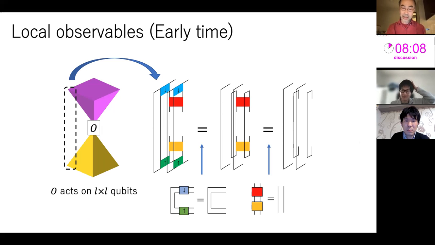You have shown that that sort of 6-leg tensor can be created by the combination of 4-leg gates. But is there a wider class of 6-leg or 8-leg gates? I don't know. You mean this 6-leg gate?